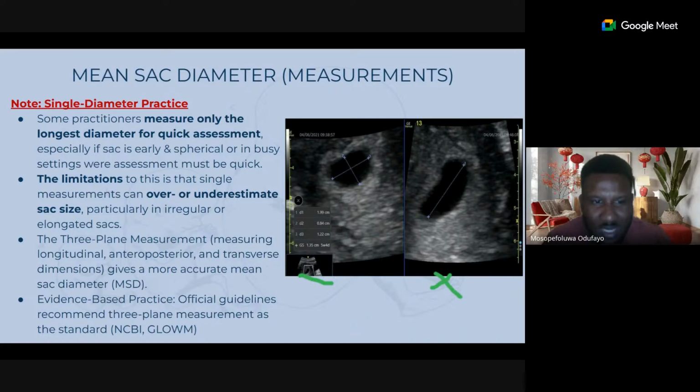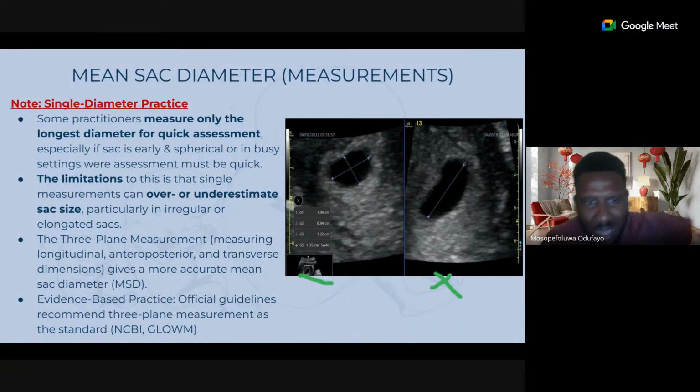You can overestimate or underestimate the gestational sac size, especially if you have irregular or elongated sacs. For example, if you take a look at this particular sac, it's longer in longitudinal, it's longer here than it is here. If you just measured a single one at this point, it will be long.